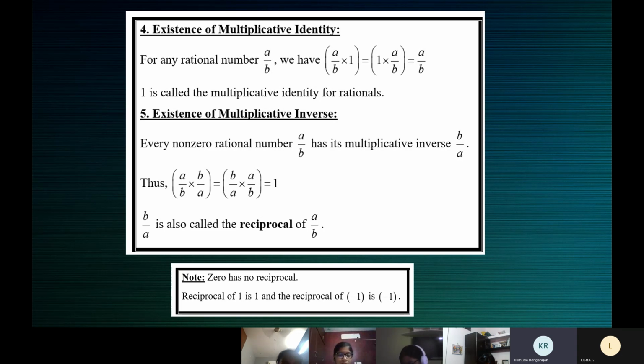But for inverse, additive inverse is the negative of a rational number. Multiplicative inverse is the reciprocal of a rational number. For inverses, we have another term. Additive inverse, negative. Multiplicative inverse, reciprocal.